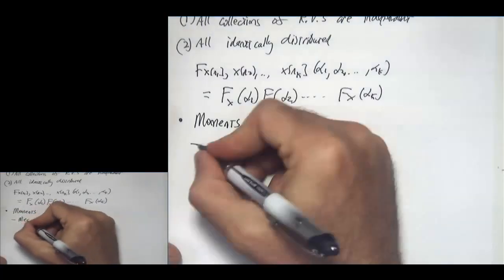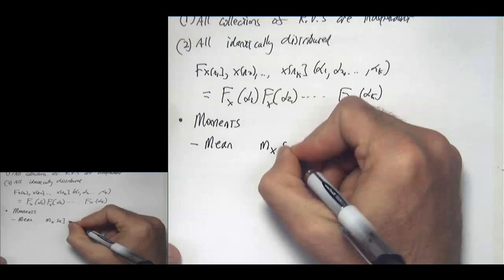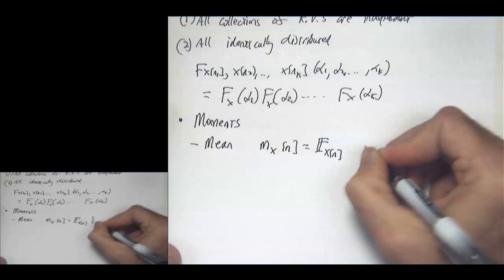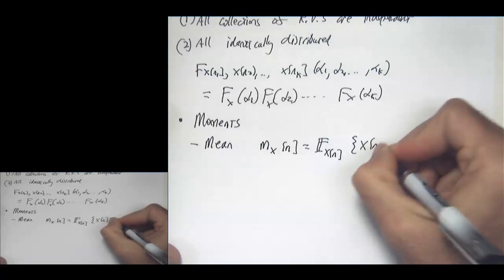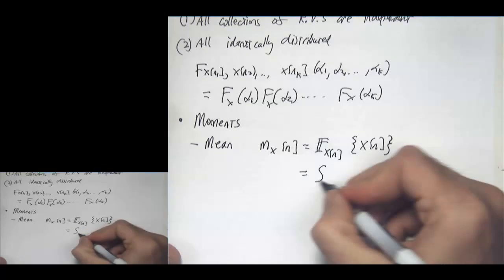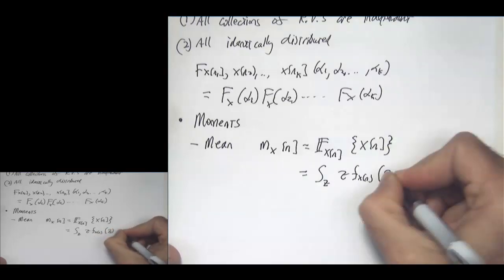I need the mean, which I'm going to write as m_X[n]. I'm just going to take the expectation of my sequence X[n]. Literally, I could integrate z f_{X[n]}(z) dz, for example.